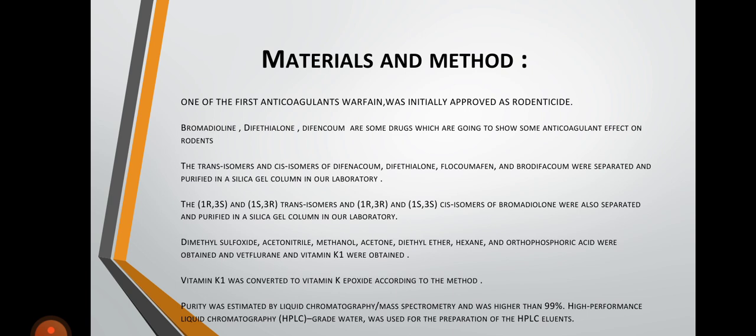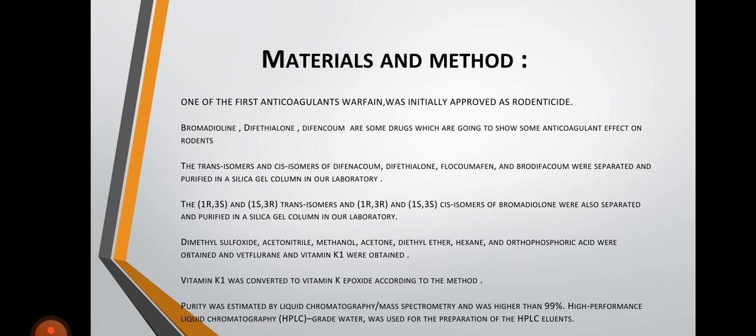It has come to be known that these agents work solely on vitamin K. They make some sort of changes in vitamin K by which they prove their mechanism as an anticoagulant drug. First of all, our core objective is to give that particular agent in its purest form in order to know its efficacy.